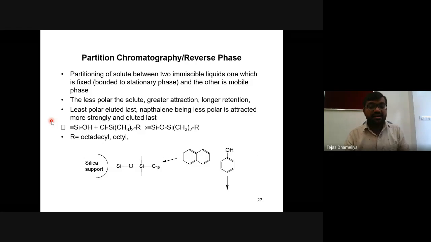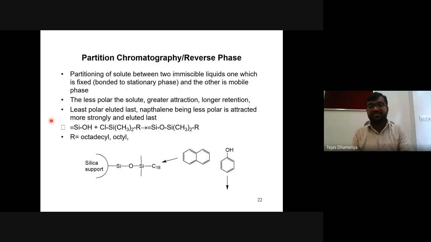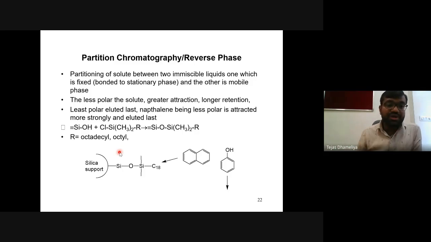And this is the last slide which we wish to discuss, a kind of partition chromatography or reverse phase chromatography technique where some kinds of substances are used. We can also convert silica into non-polar. C18 column is the kind of column where we can convert silica, a polar stationary phase, into a non-polar stationary phase.